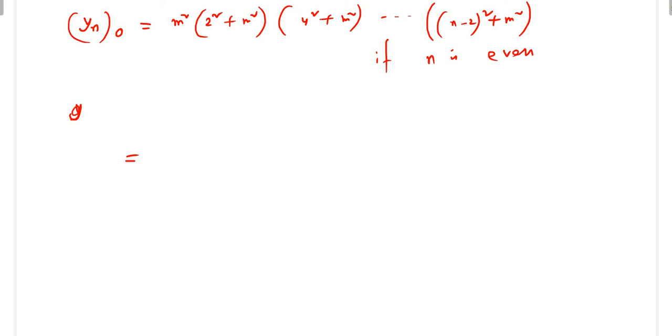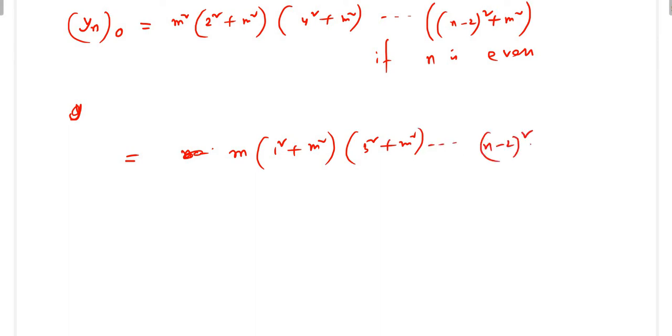And it equals m into 1 square plus m square, 3 square plus m square, up to n minus 2 square plus m square, if n is odd. This is the final answer.